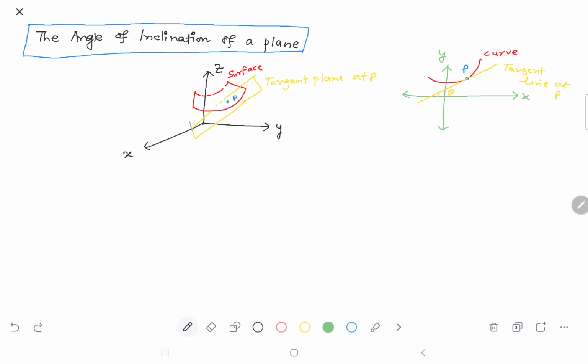Now we are interested in finding the angle between the xy plane and the tangent plane, right?